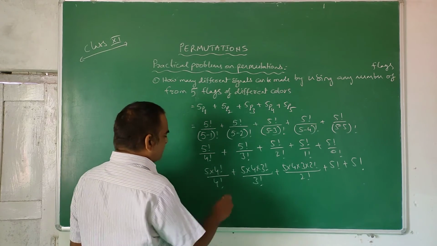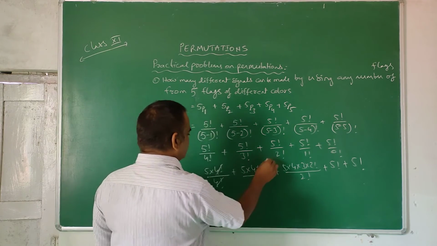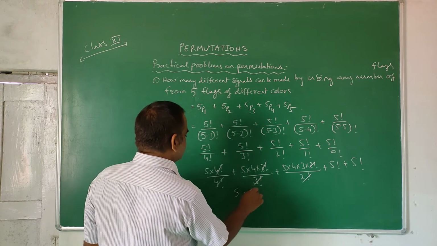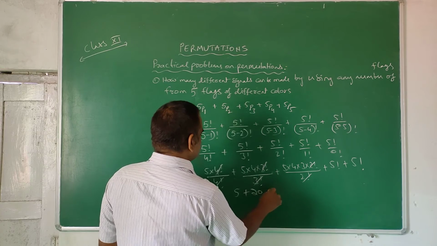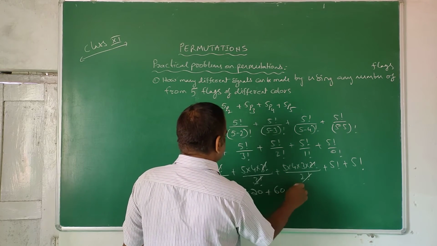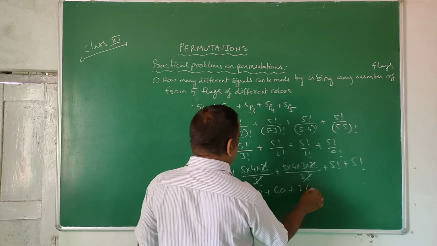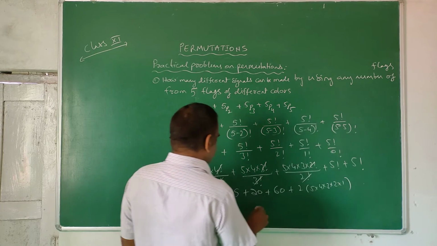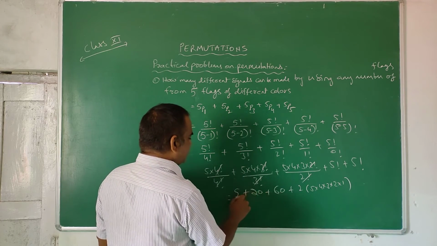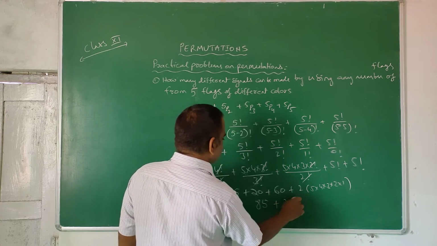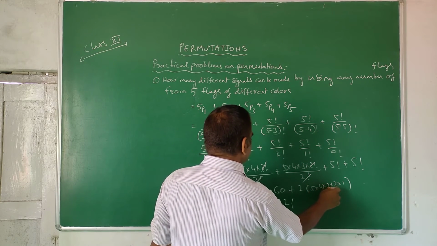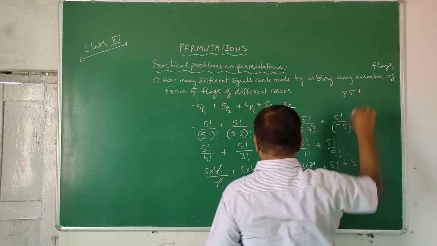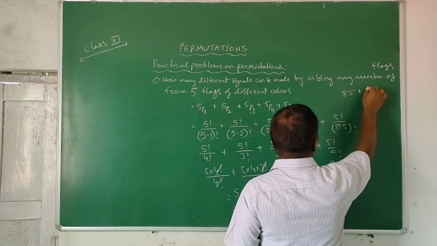Now the 4 factorial gets cancelled, 3 factorial gets cancelled, 2 factorial gets cancelled. So this is 5 plus 20 plus 60 plus 2 into 5 factorial. 5 factorial means 5 into 4 into 3 into 2 into 1, which is 120. So 5 plus 20 plus 60 is 85, plus 2 into 120, which is 240.